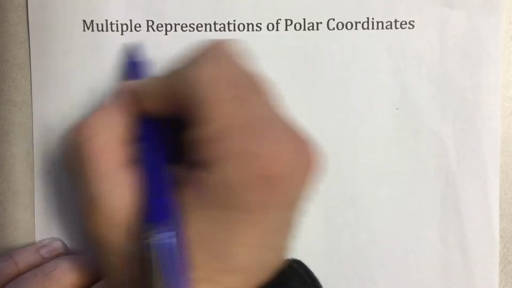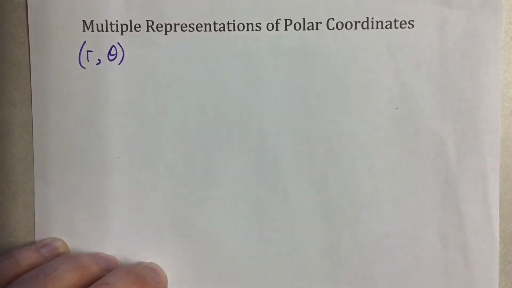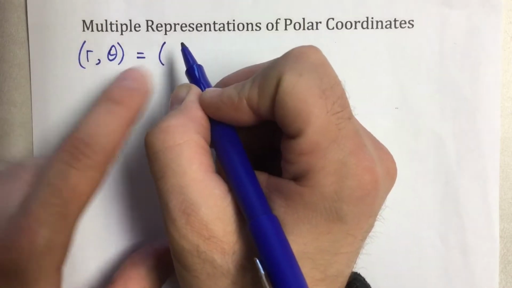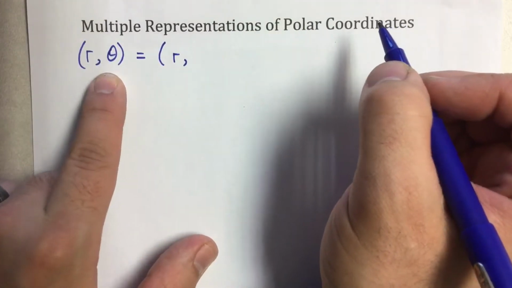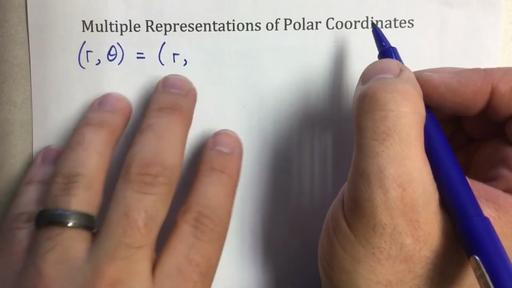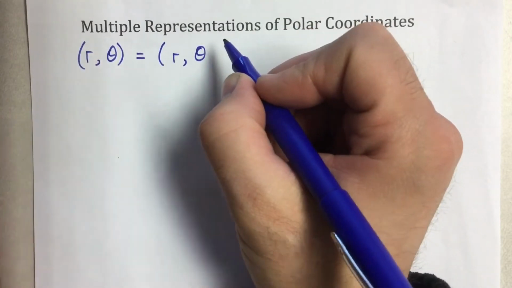One way of finding multiple representations, let's say I have r and the angle measure, is to maintain the same radius, but add a full cycle onto your angle. I said add, but we could also subtract.